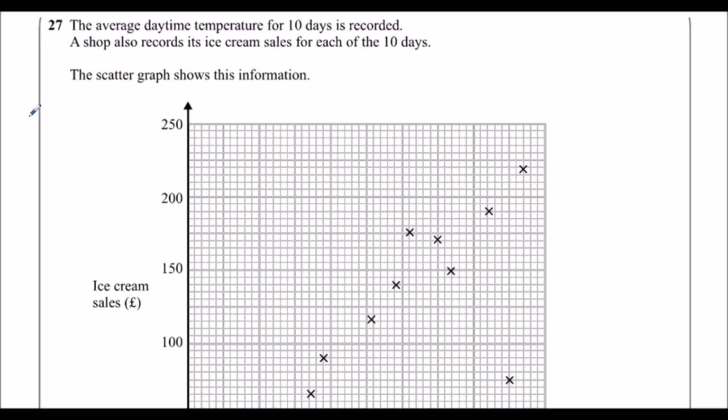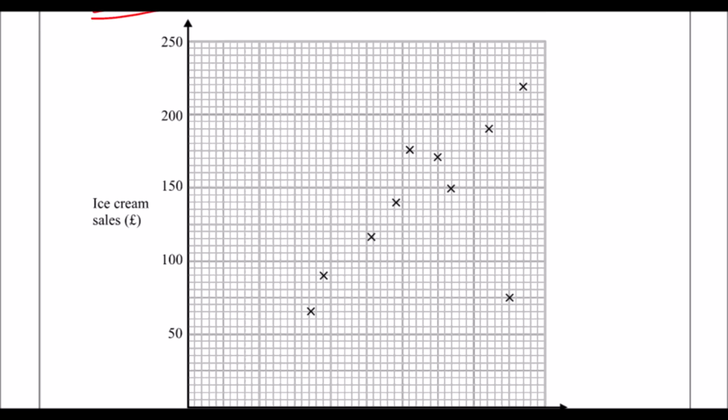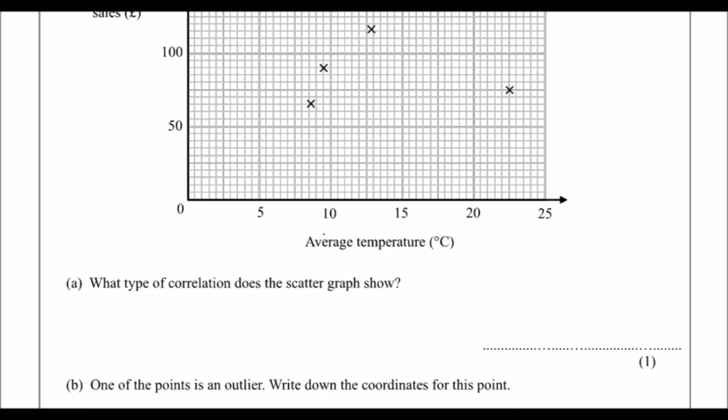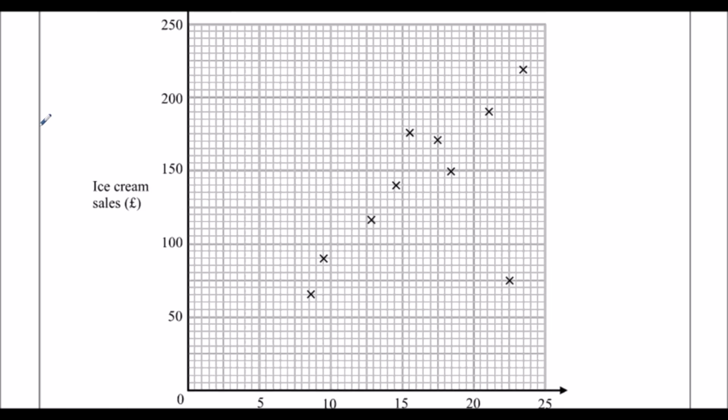Question 27. The average daytime temperature for 10 days is recorded. And ice cream sales are also recorded for the 10 days. And we've got a scatter graph to show that information. What type of correlation do we have?